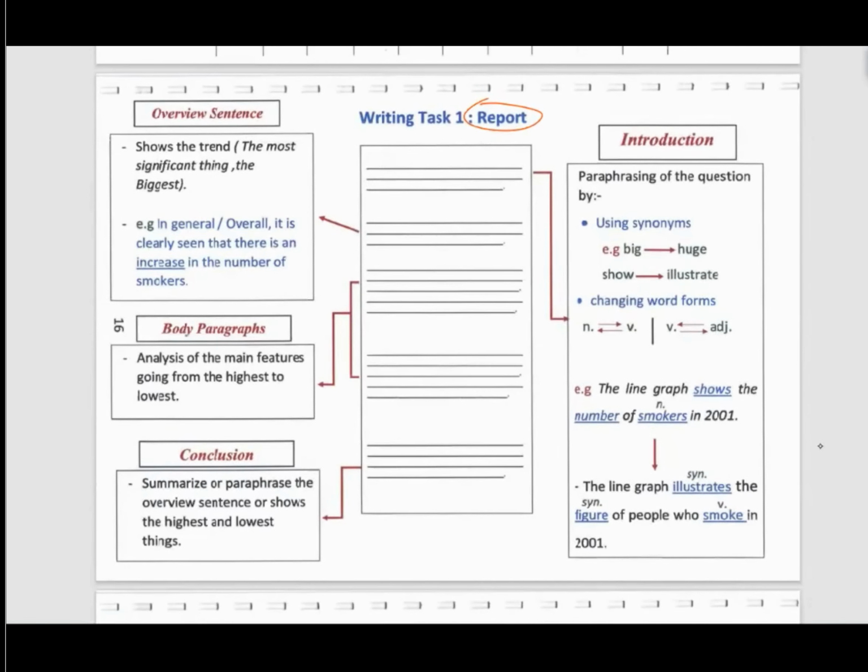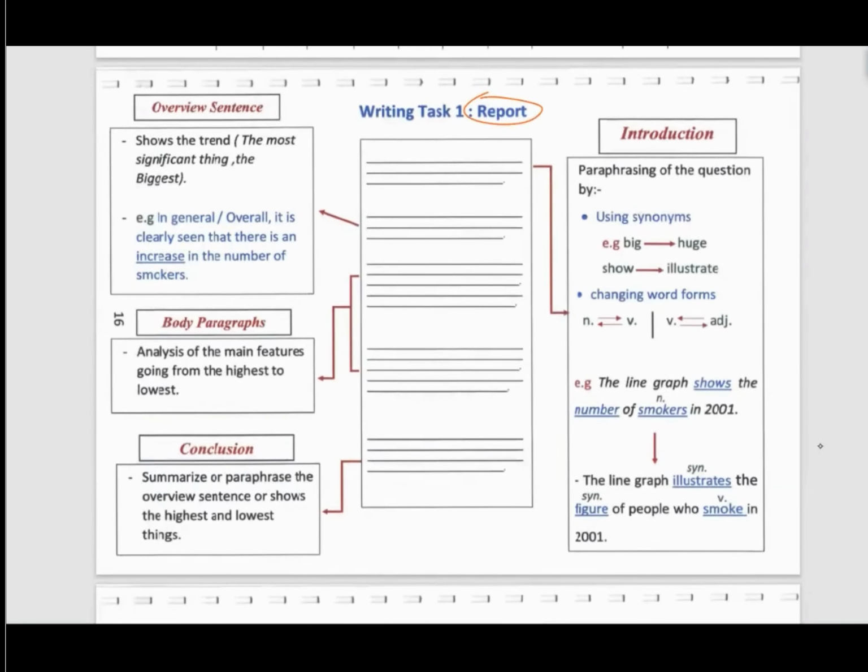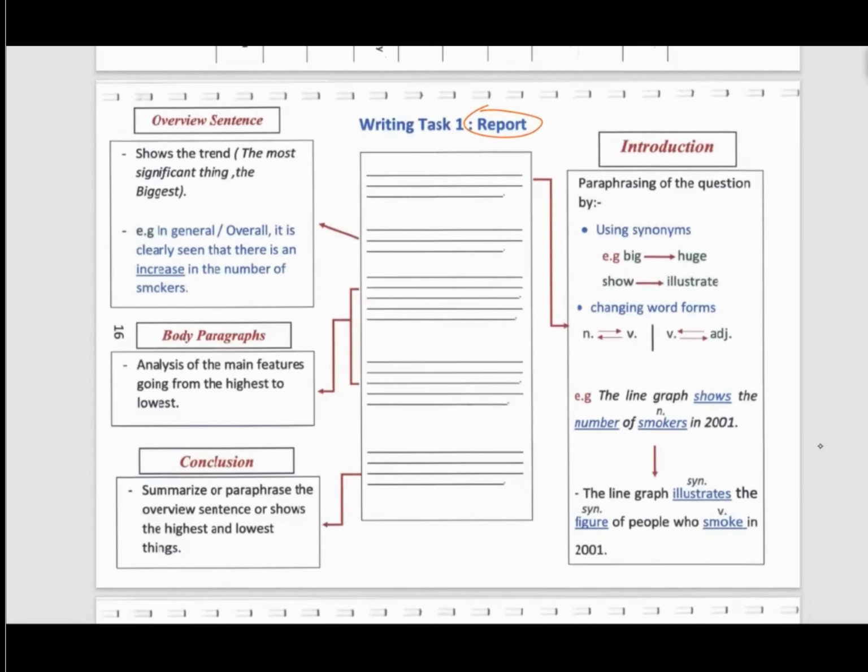Just few differences in the last types, maybe. Okay, so this is how it looks like. The report of task 1 includes an introduction paragraph, as you can see, this one. It includes an overview sentence. This one.